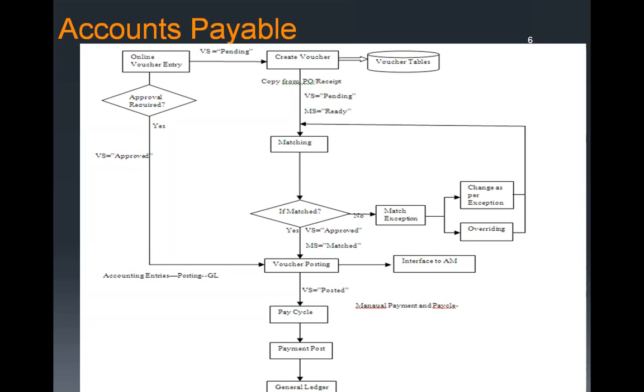Then you need to check why it failed, and check the exceptions, errors, whatever, in this matching. The next is voucher posting, and after that applying the payments and payment posting to the GL. But in the middle you will see one link, interface to IAM.